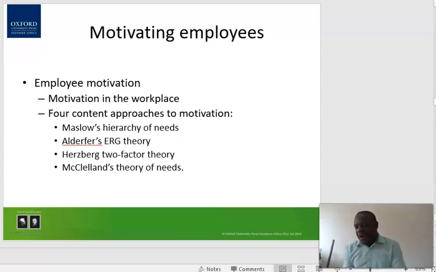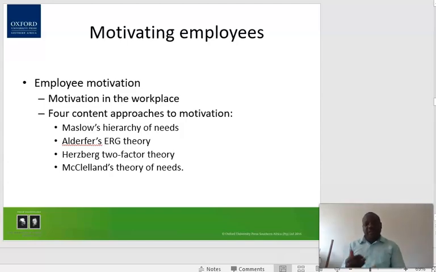I remember in chapter 1 we said the first level of need is your physiological needs, followed by your safety and security needs, then social needs, then esteem needs, then self-actualization needs. But there is an assumption that Maslow actually made. The main contribution of his theory is that needs are arranged in a hierarchy, where the lowest level needs are physiological needs and the highest level of needs are self-actualization needs.